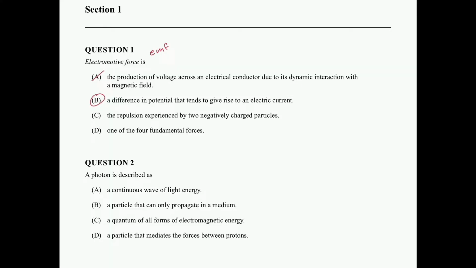And then finally, let's go through D. One of the four fundamental forces. So we can rule this out. I'm going to list the four fundamental forces because this is still an important thing to remember.